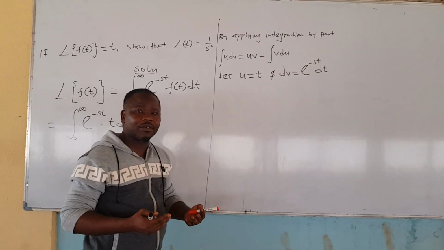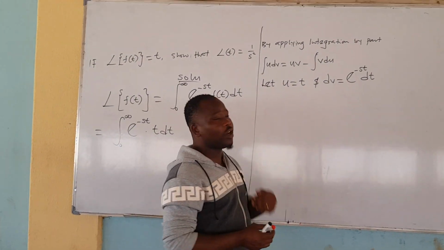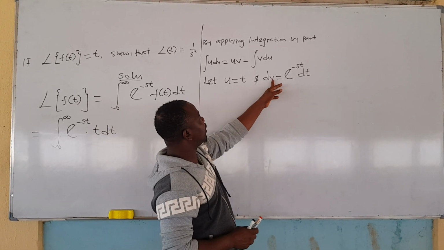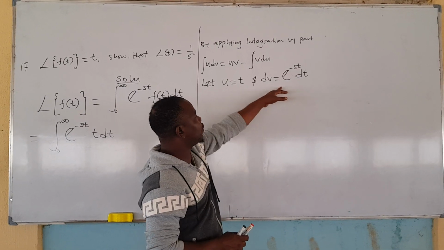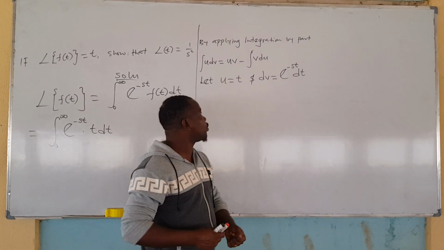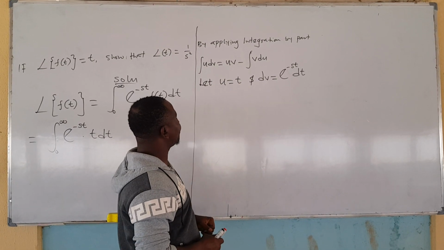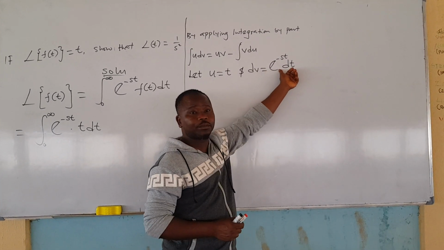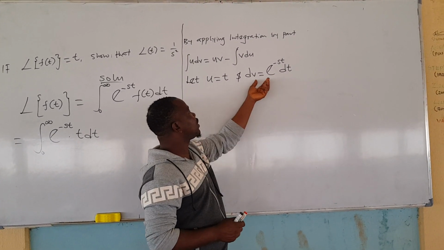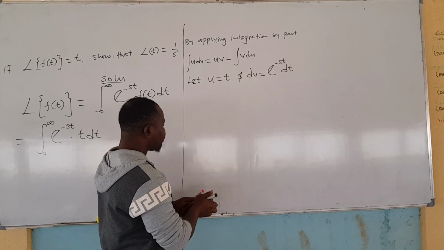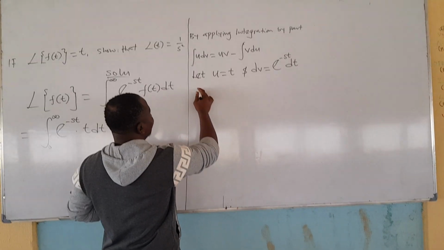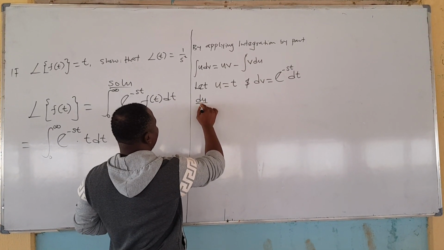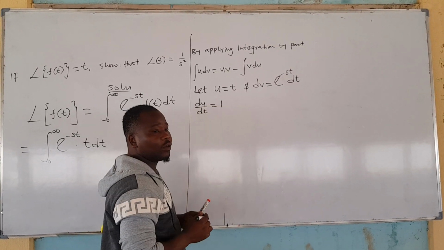Let us ask ourselves this question. How are we going to find our du and ordinary v from these functions? It means you differentiate this function with respect to t, and you integrate this function with respect to t, both sides. Okay, let's do it together. If we differentiate t, du all over dt, we are going to obtain 1.